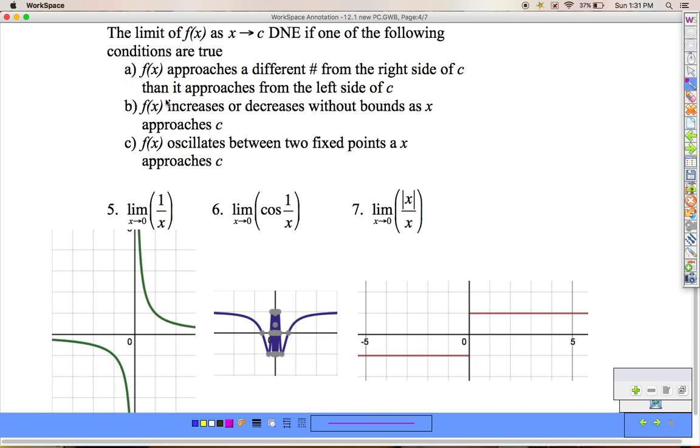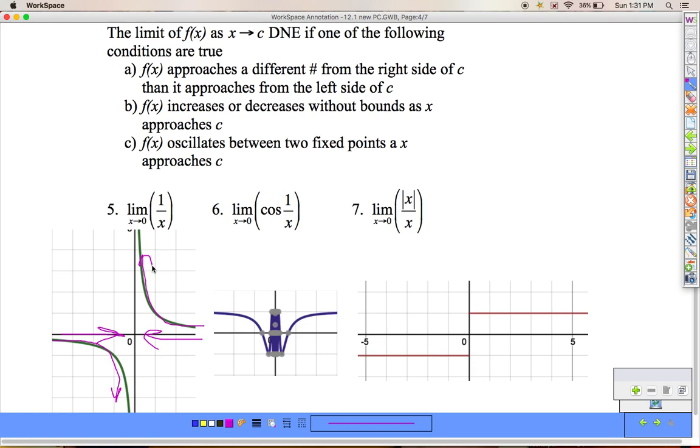All right, so the limit of 1 over x as x approaches 0, this graph is right here. As I approach 0 from both sides, from the left side my graph keeps going down, and from the right side my graph keeps going up. They are not going towards a single value.